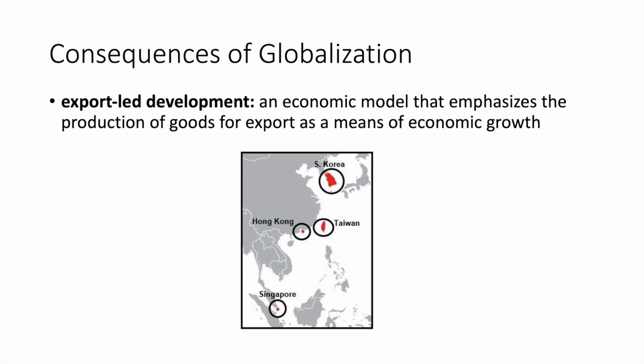This is a method to create a high-growth economy, which was seen in South Korea, Hong Kong, Taiwan, and Singapore since about the 1960s. These countries have focused on exports and educating their people to significantly grow their economies and become some of the biggest players in the economic game in the world.